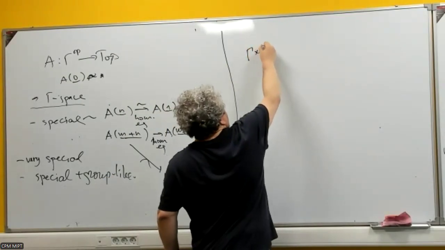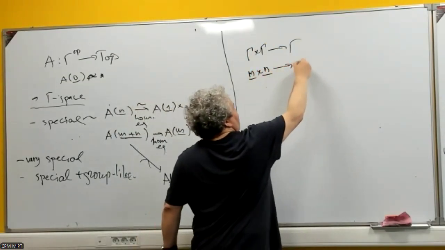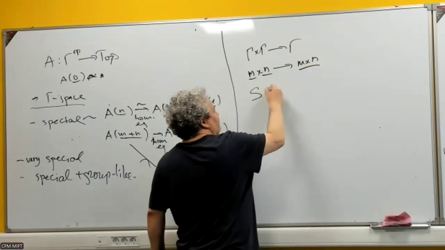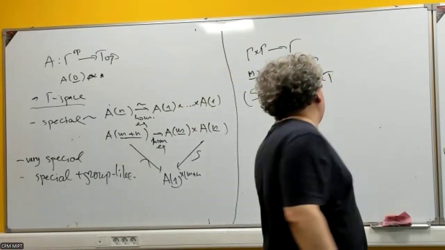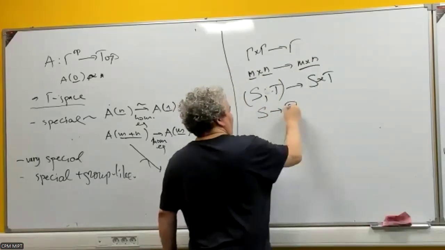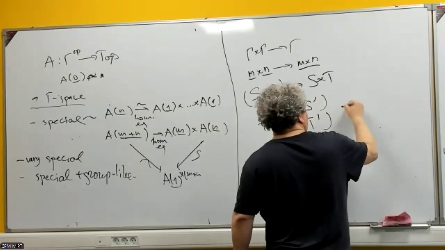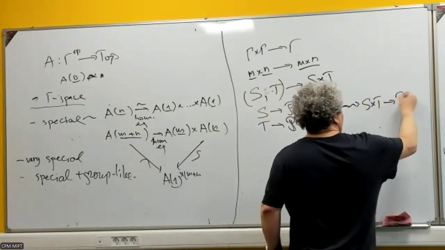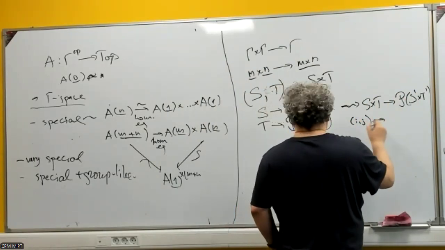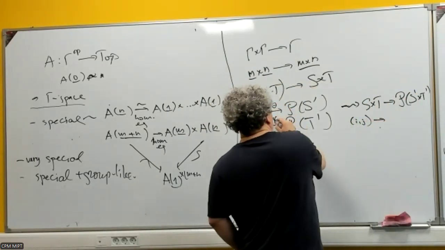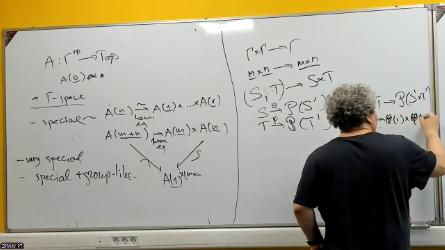So then we have a functor from gamma to gamma to gamma, which I briefly defined at the end of the last talk, which takes S and T to the product ST. One can easily see that if we have a morphism from S to S prime and from T to T prime, it gives us a map ST to S prime T prime, where we take the element ij to theta of i times phi of j.